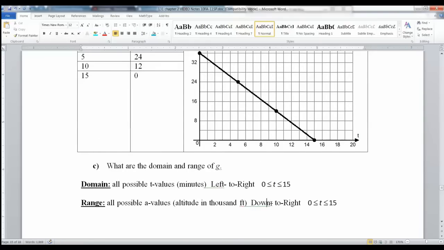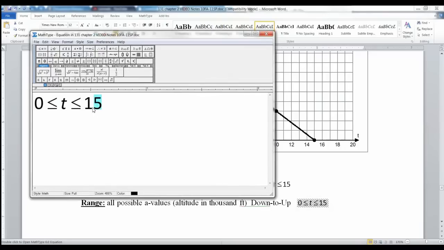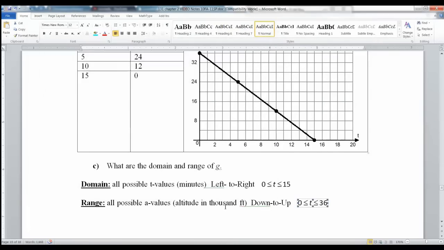How far down does it get? How far up does it get? That's what we learned in section 1.6. The lowest this thing ever gets is 0, right? Because right here you're at the ground. The plane's on the ground over here at 15, 0. So the lowest you ever get is 0. But the highest you ever get is 36. So there's your range.